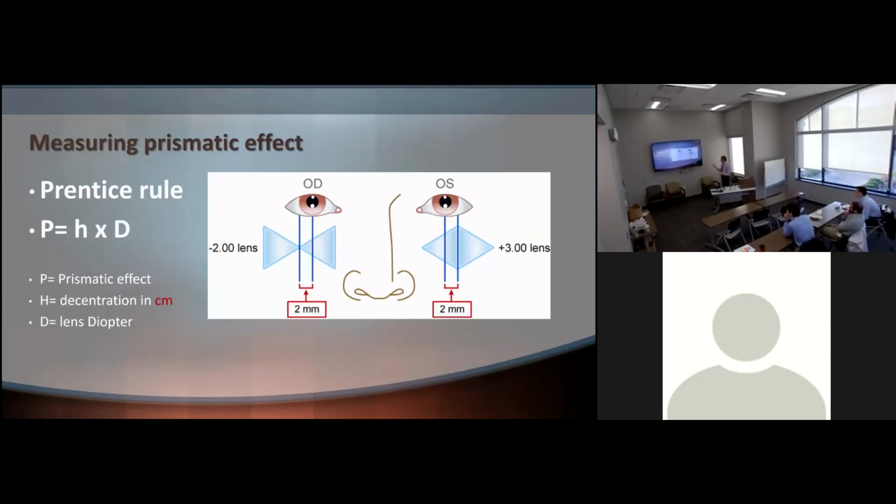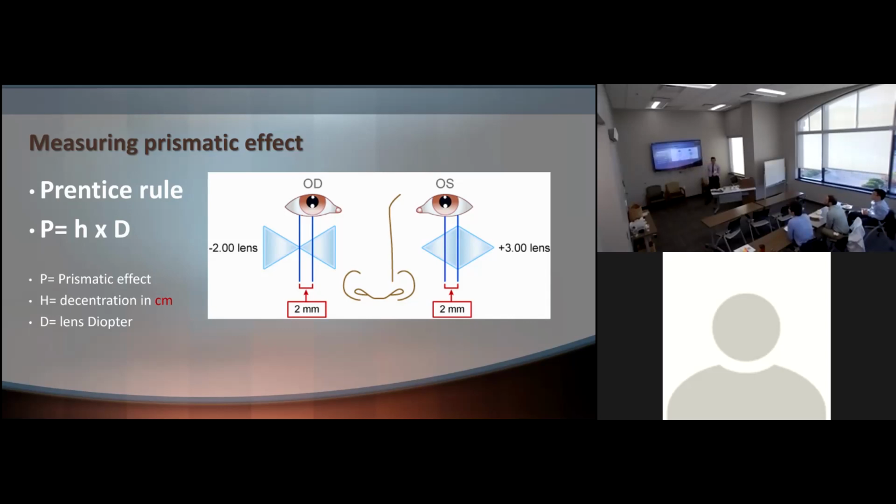Okay, so let's go back to measuring the prismatic effect of these lenses. We have Prentice's rule. This is different from the Prentice position that we just mentioned. Prentice's rule measures the prismatic effect of a lens by multiplying the amount of decentration of the optical center by the lens power. But the decentration should be measured in centimeters.